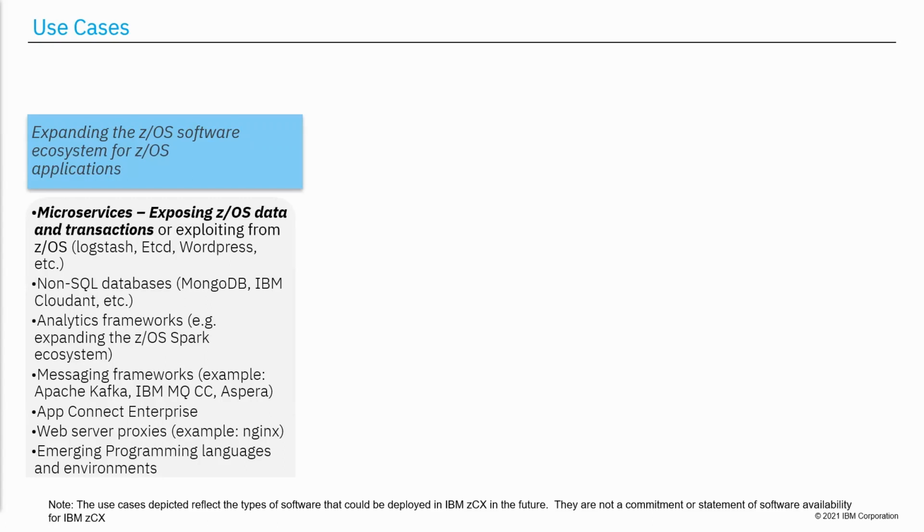Again, I can leverage this environment because with a Docker container, a Docker image, I can embed programming languages as part of the container. And by default, when that container runs, that programming language is available to the application running inside. So lots of cool things about expanding the zOS software ecosystem.